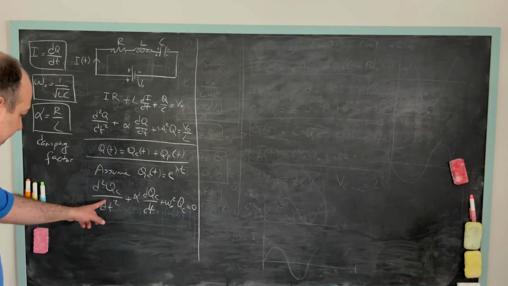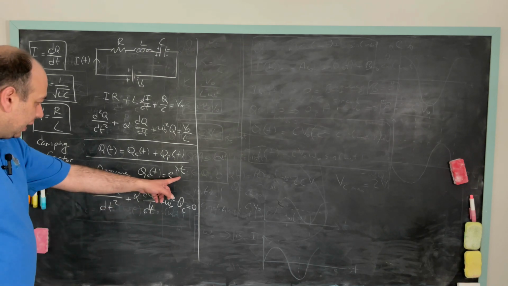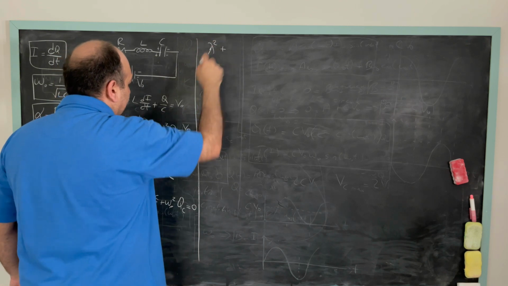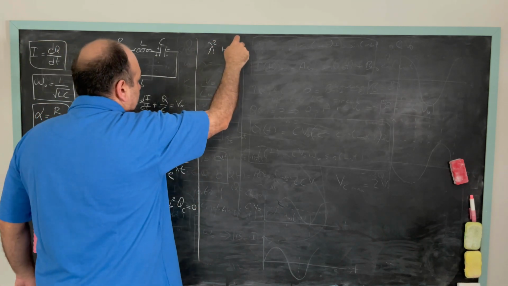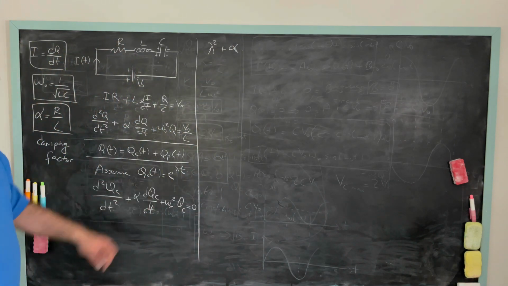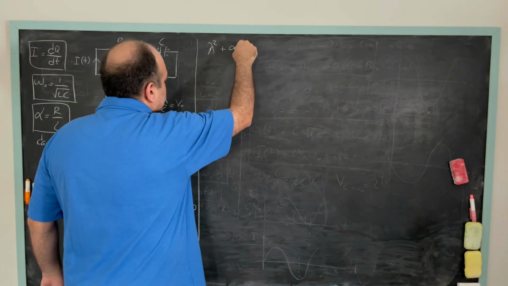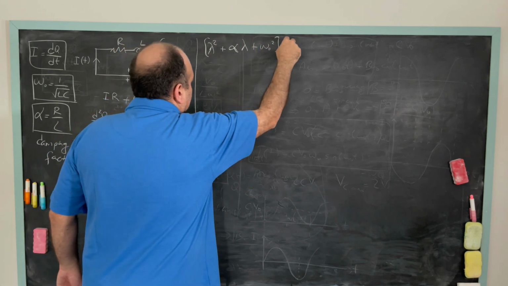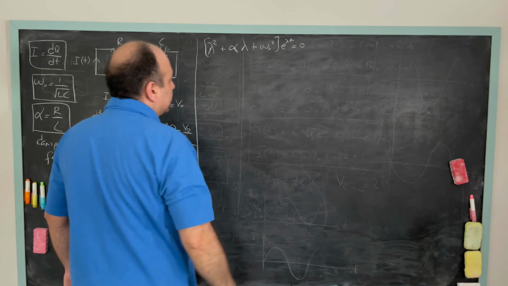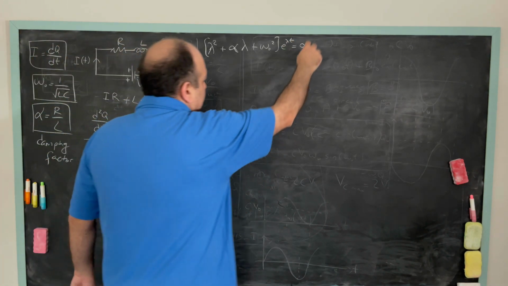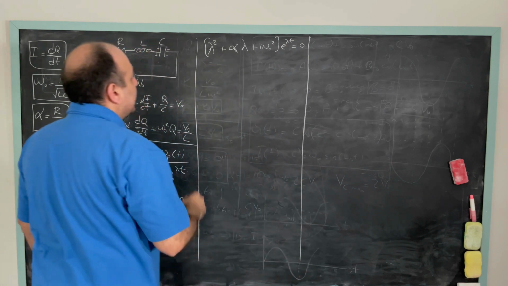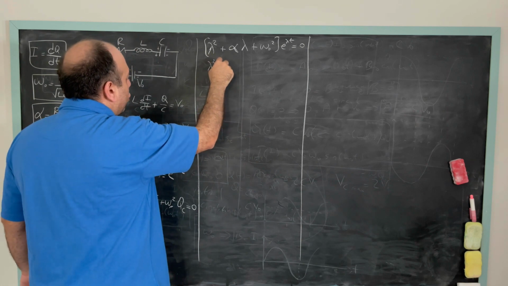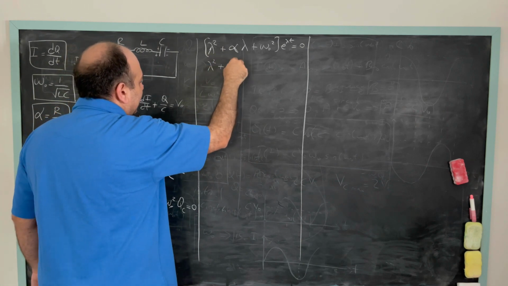If I take the second derivative of that, I'll get lambda squared. So lambda squared plus alpha times the first derivative, which is just lambda e to the lambda t, so this is alpha lambda, plus omega naught squared. Everything is multiplied by e to the lambda t, and this should be equal to 0. e to the lambda t cannot be 0, so I will have a quadratic for lambda.